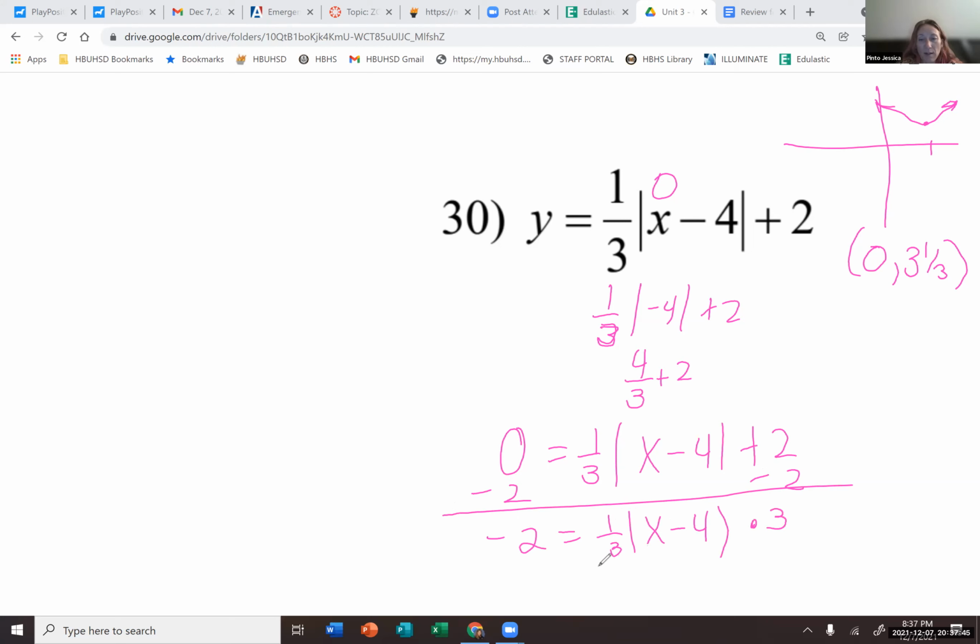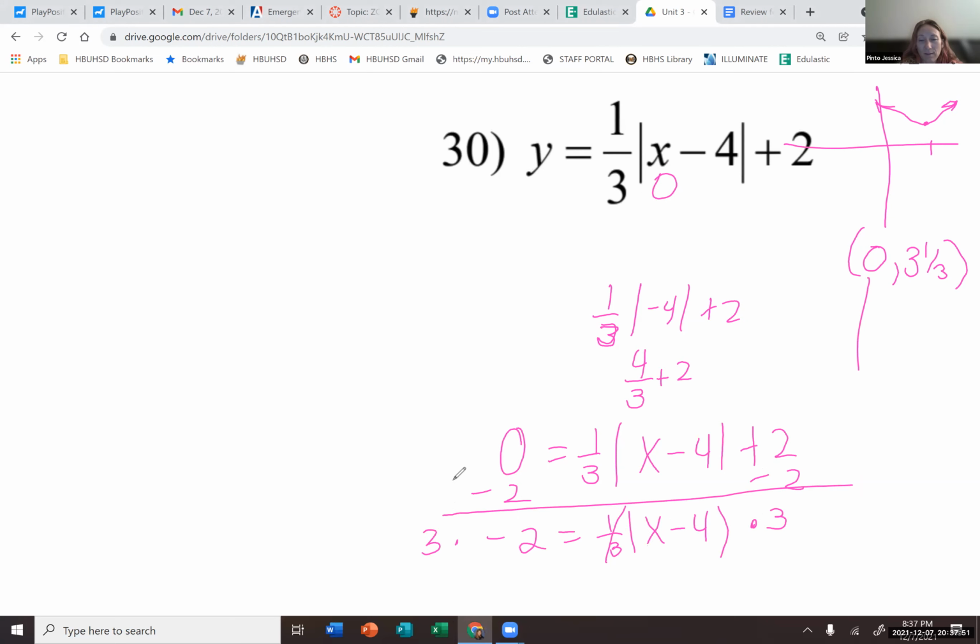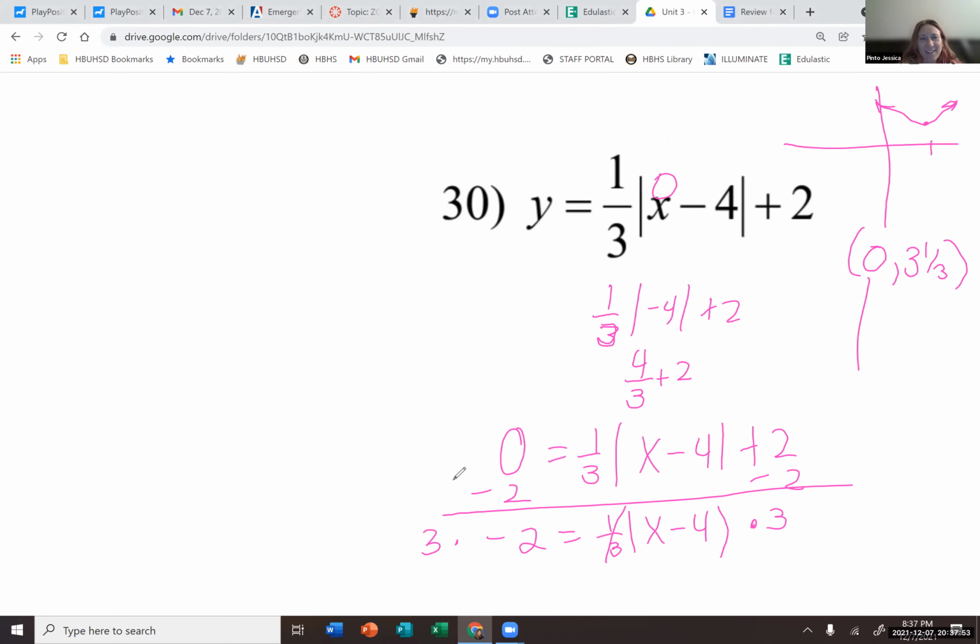I times by 3 on both sides of the equal sign. And I'm still negative, right? Oh, I forgot. This does not allow me to scroll. So then that's negative 6 is equal to the absolute value of x minus 4. And that's where we see, oh, the absolute value before I've done anything is negative. That's no solution.